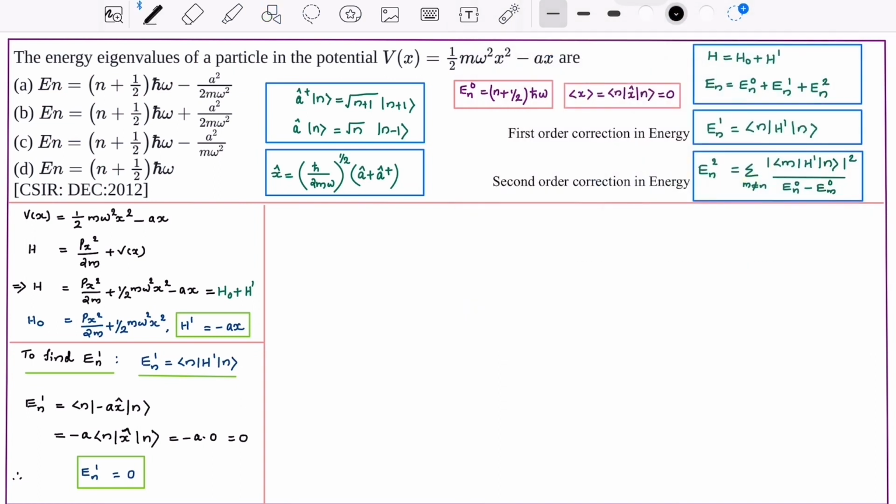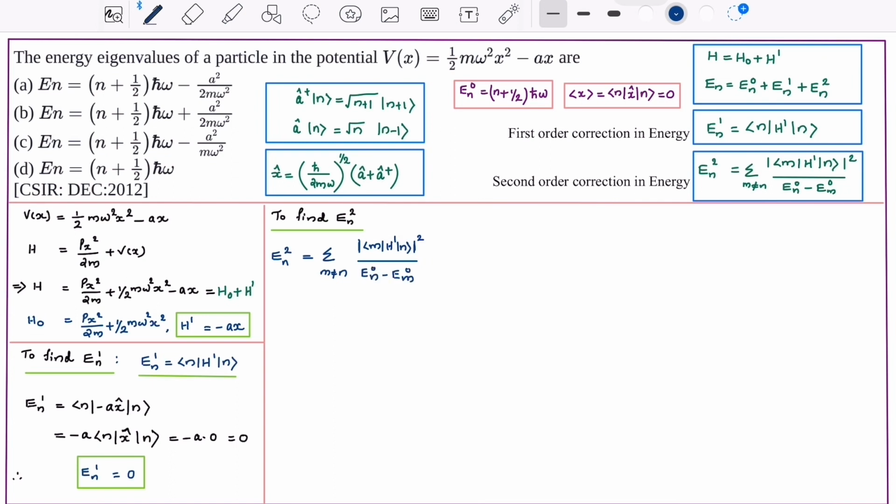Now let us find out the second order correction in energy. It is represented as En2. We can find En2 using the formula: En2 is equal to the sum over m not equal to n, modulus <m|H dash|n> whole square divided by En0 minus Em0.